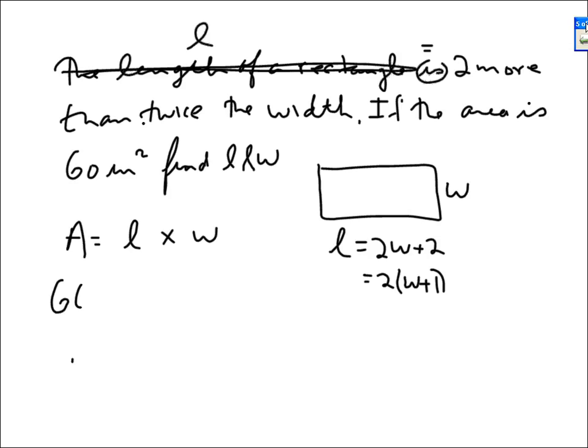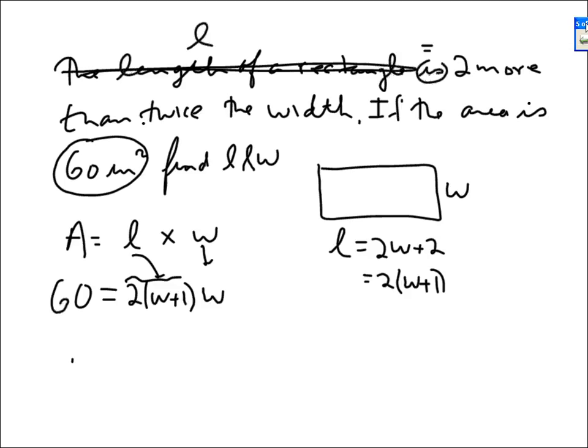The area in our case is 60 square inches, and the length is 2 times W plus 1, and the width is just W. So 60 is equal to 2 times this. This must be 30. 2 times 30 is 60. Just divide by 2 and you'll see that. 30 is equal to W plus 1 times W.